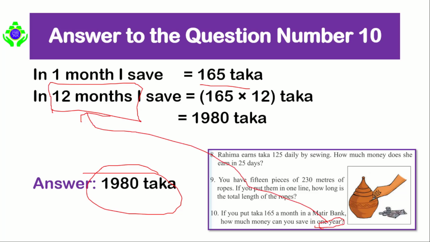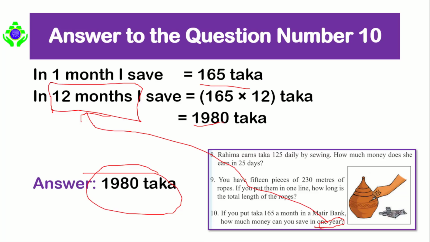It's 1980 taka, and that is the answer of this question. It was the solution of question number 10. So I think you have understood this math.